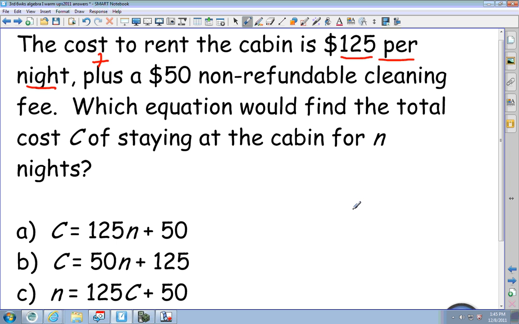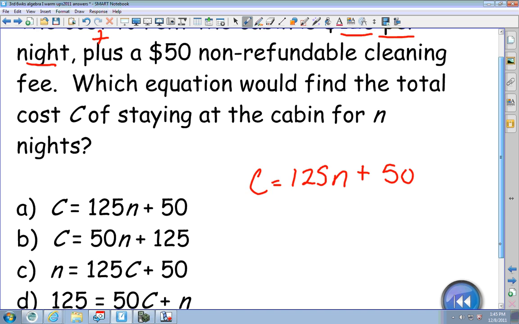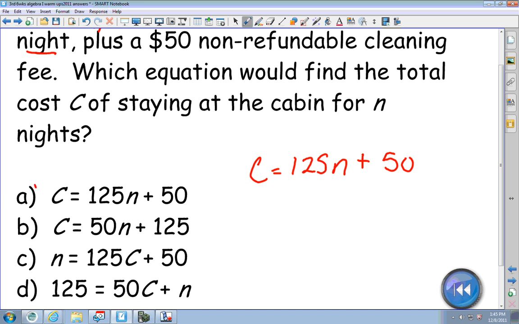Non-refundable, that means you're going to pay that one time. So my cost is $125 for each night plus $50 as a one-time fee. My answer should be A.